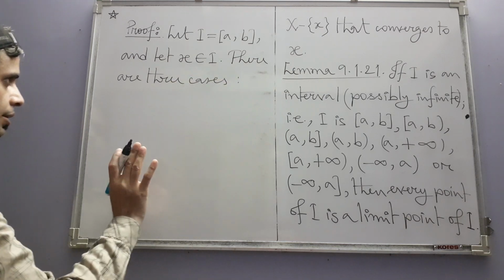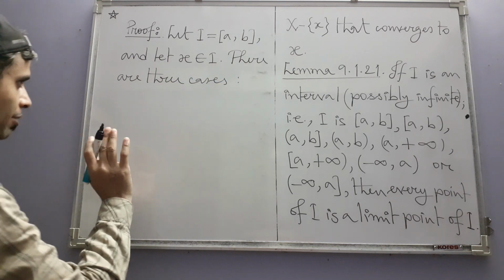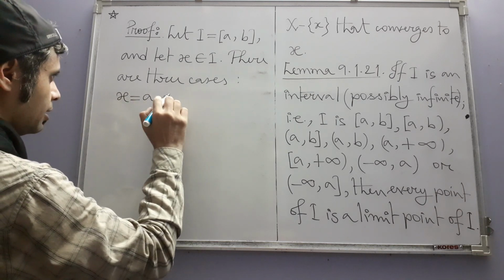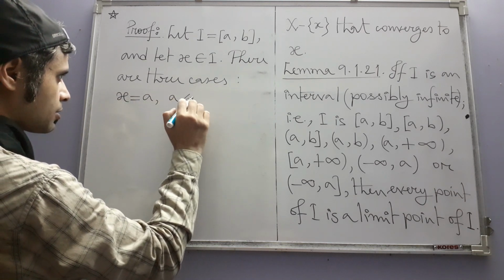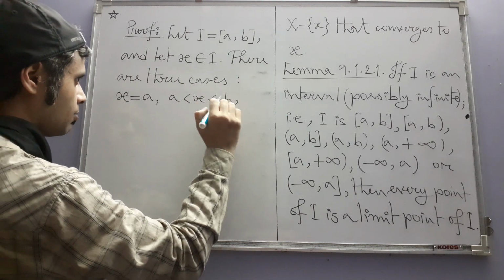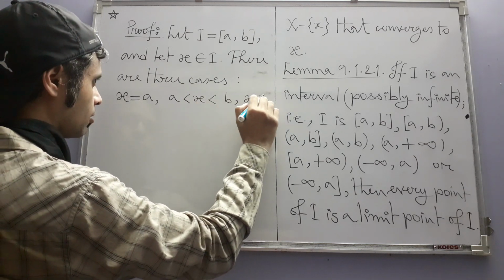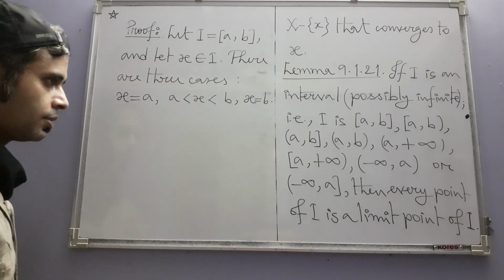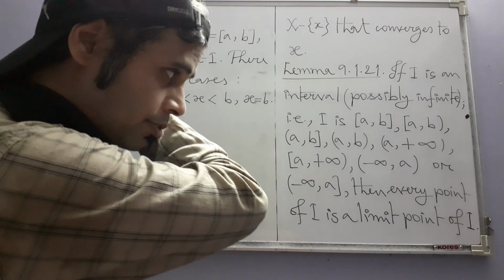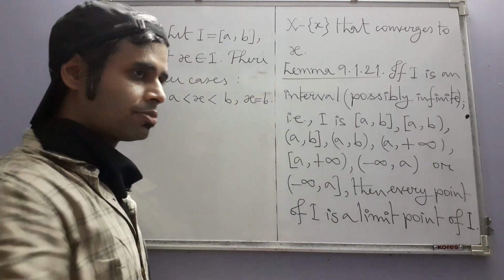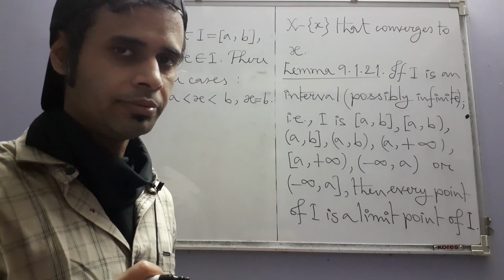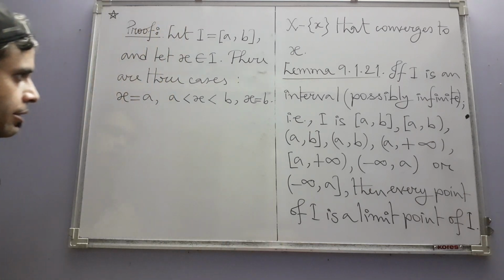Actually there are infinitely many cases, but three main cases. x can be a, or x can satisfy these inequalities, or x can be b. Now, since we have, according to the previous remark, a sequential formulation of the notion of limit points, we can just apply that.